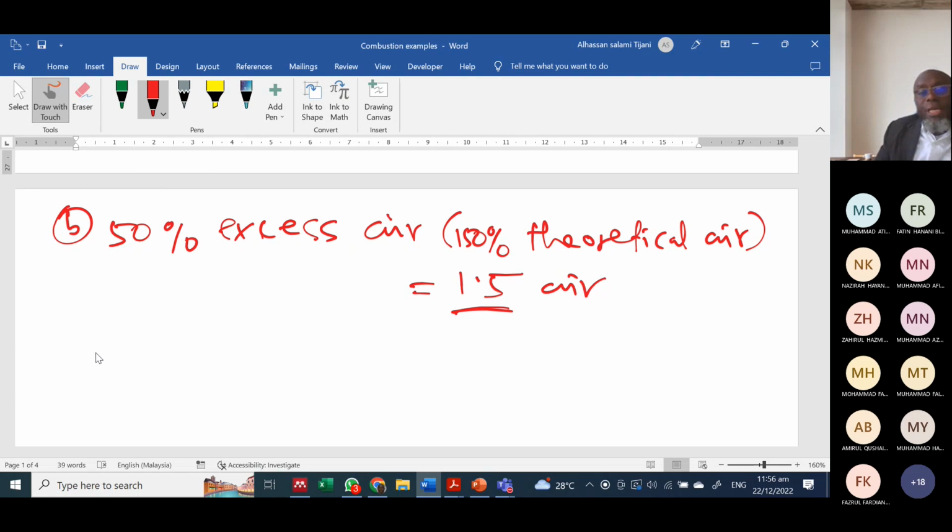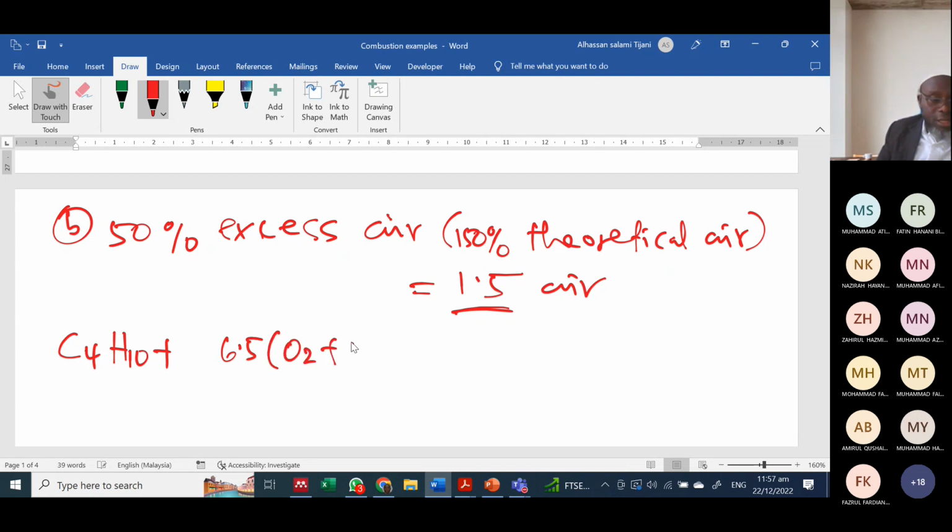So what we are going to do is write down the equation for the previous balanced reaction. So we have C4H10 plus 6.5 oxygen plus 3.76 nitrogen.